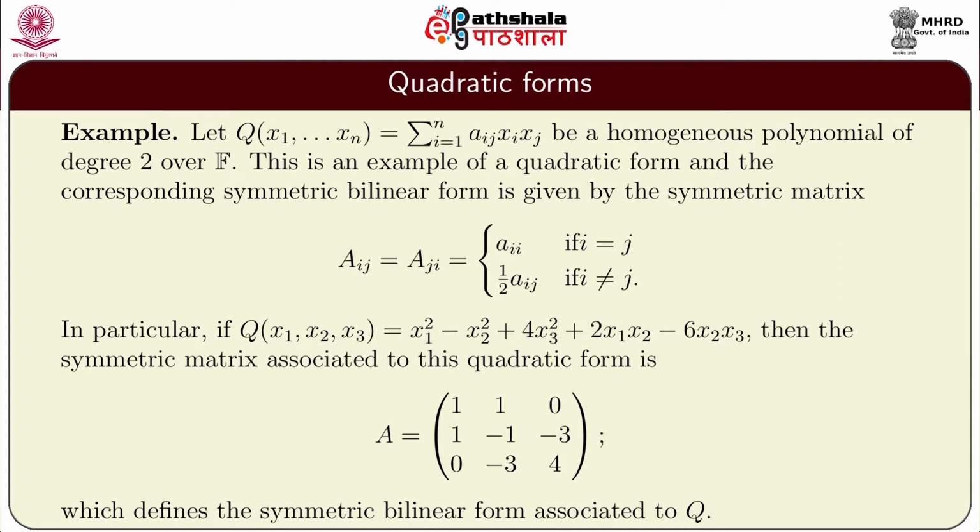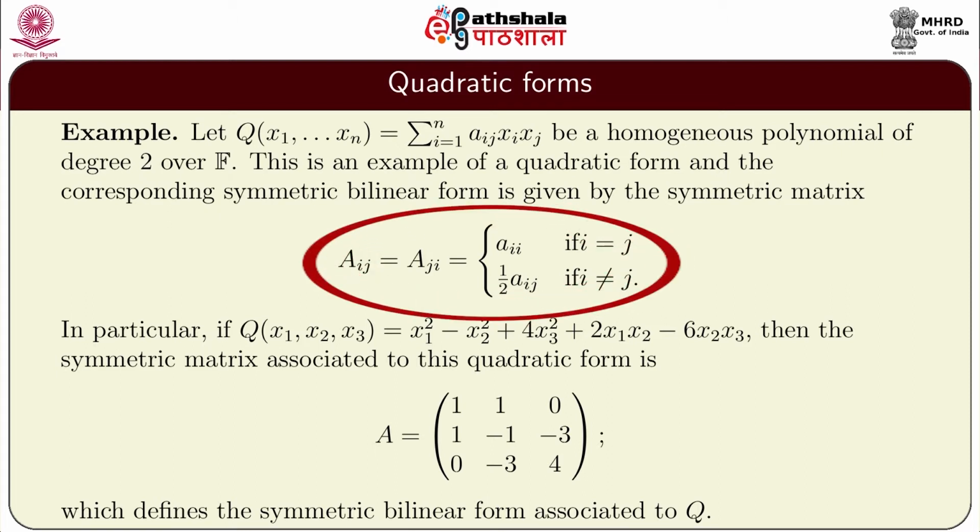So, the xi's are indeterminates, there are n of them, and the aij's are scalars belonging to the base field F. This is an example of a quadratic form, and the corresponding symmetric bilinear form is given by the symmetric matrix whose ij-th entry is aii if i is equal to j and half of aij if i is not equal to j.